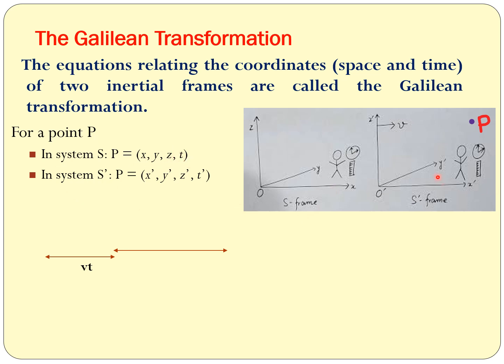But now if this system moves in the x direction, the coordinates of this point P will change for this moving observer O prime.